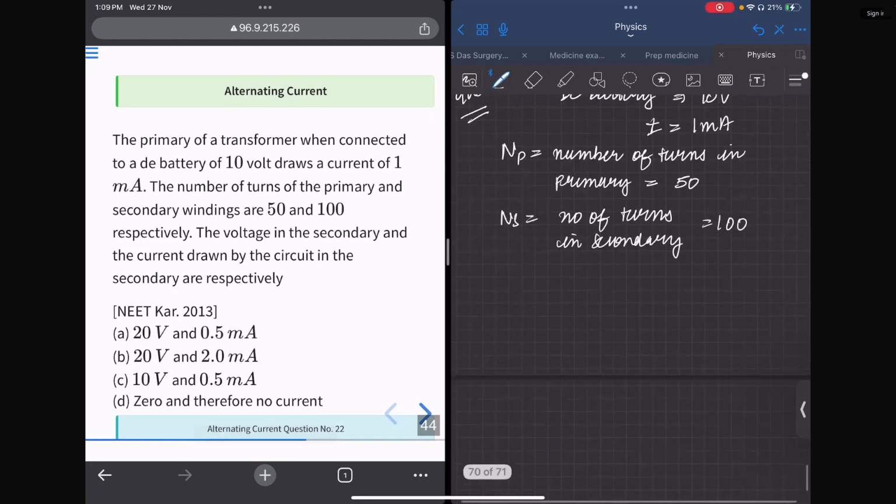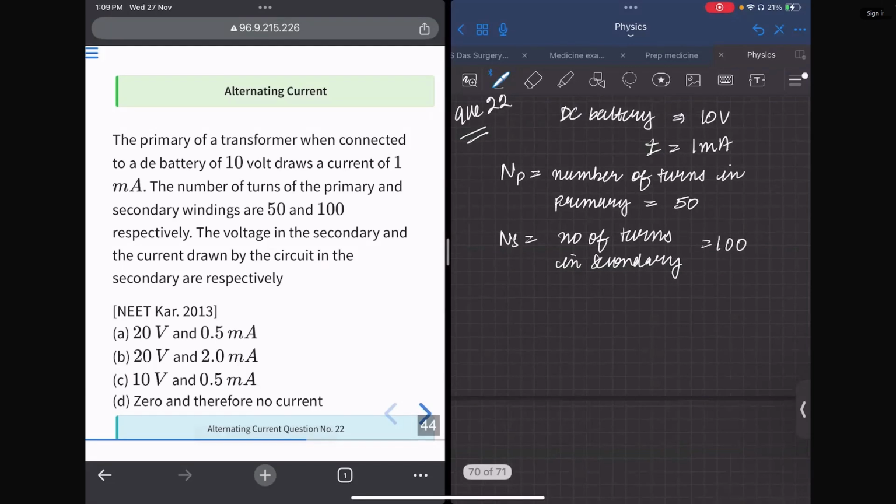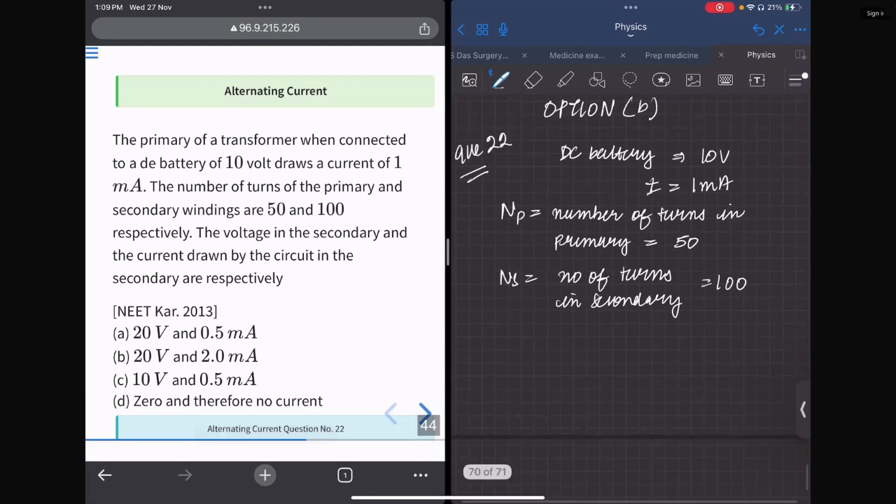So they have asked us to calculate the voltage in the secondary and the current drawn by the circuit in the secondary, respectively. So if we do not read this question clearly, we'll just jump right into the solution. They have given us NP and NS, and we know NP and NS is the ratio for the voltage.